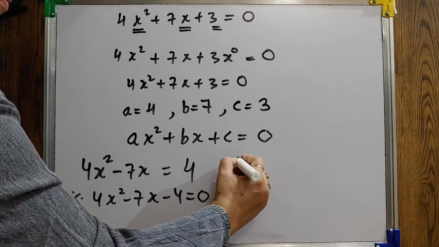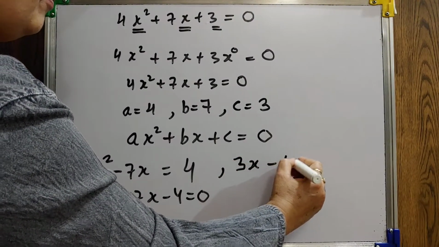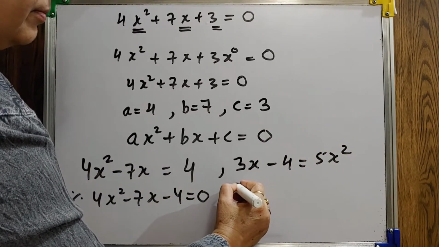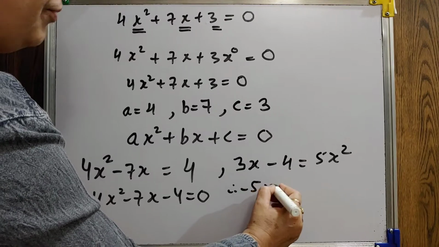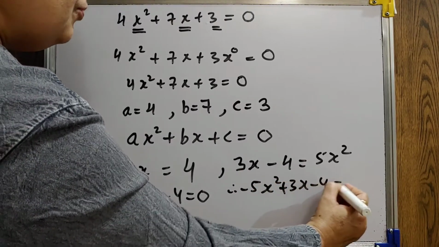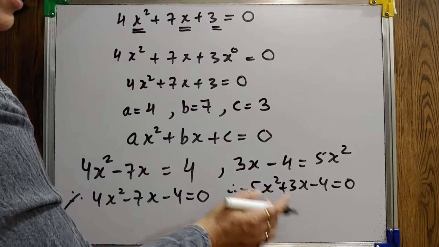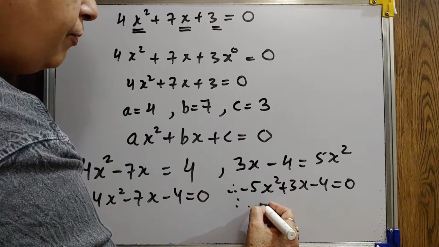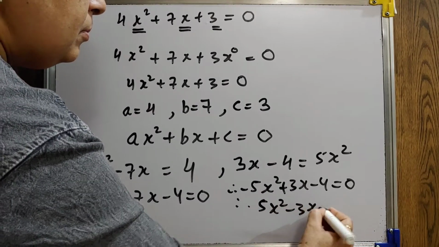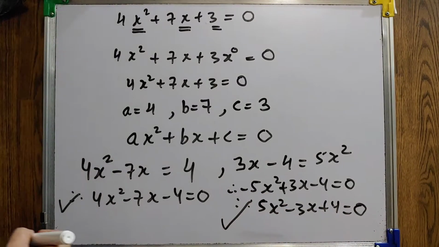Same way, transfer, it will be minus 5x square plus 3x minus 4 equal to 0. First term, a value should never be negative. Change the sign of whole equation. So now it is in standard form.